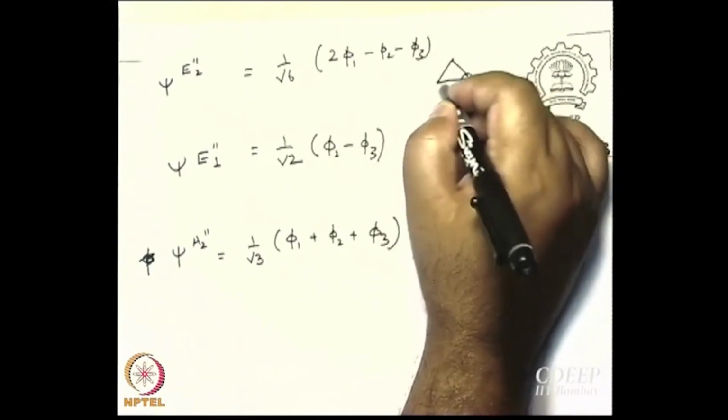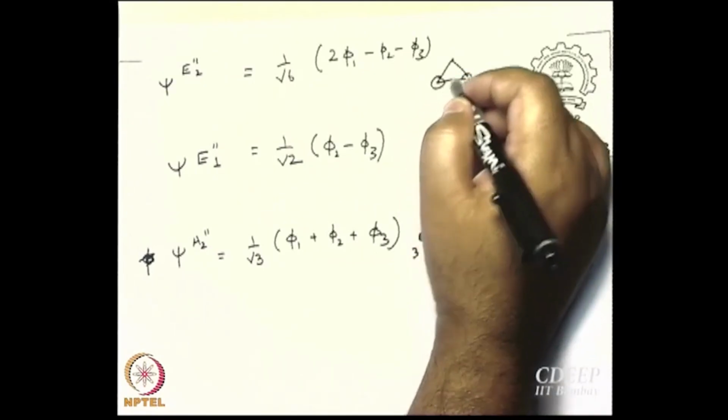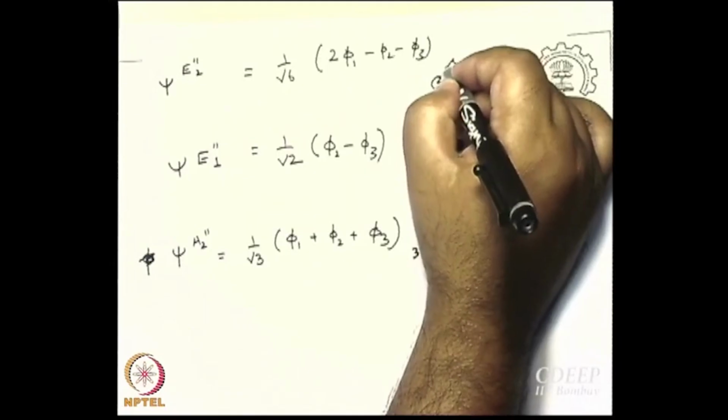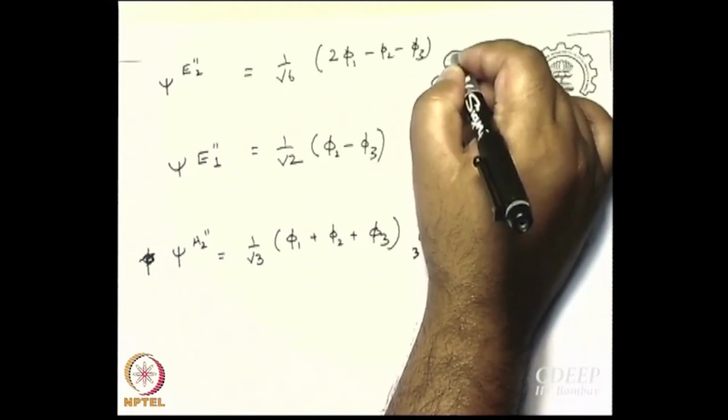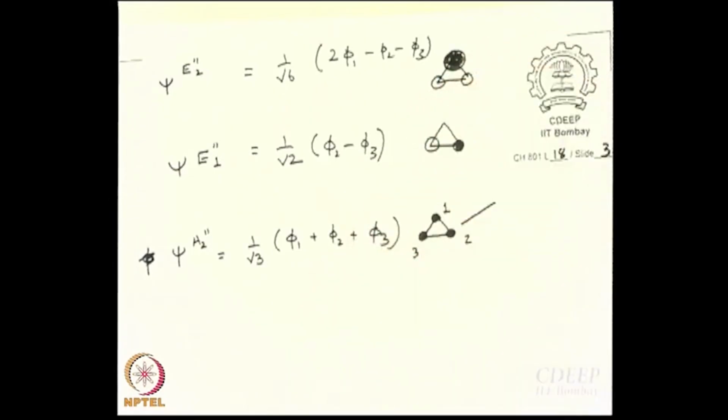Let me write the minuses first, minus phi 2 minus phi 3, and maybe I will draw a bigger circle. Even though it is not, this is easier to depict if you look from the side. You just draw a p orbital that is double the size in length, not width. Okay. So, what have I done? I have generated the molecular orbitals.